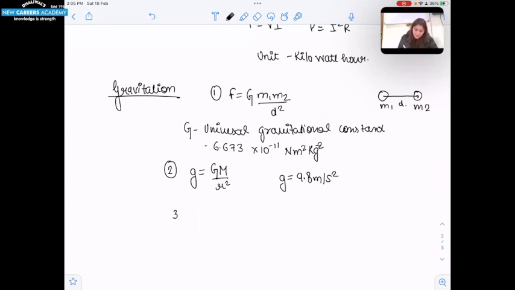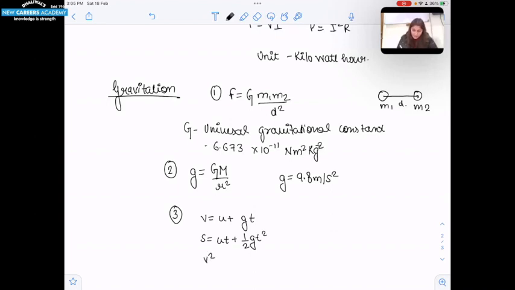Then we have free fall acceleration formulas. We have three equations of motion, right? In them, if we replace acceleration with acceleration due to gravity, we get these three equations. V is equal to U plus GT. S is equal to UT plus half GT square.